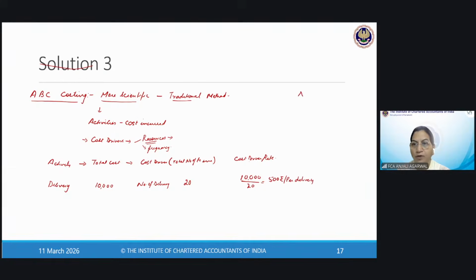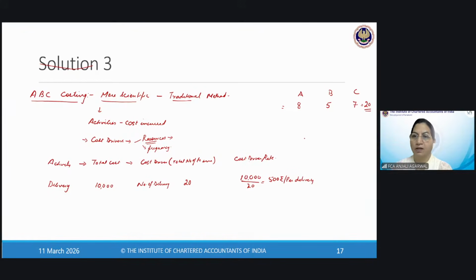Now, if you have three products, A, B, C, and we know that the delivery for A was done 8 times, the delivery for B was done 5 times, and delivery for C was done 7 times. So you see that the total will turn out to be 20.